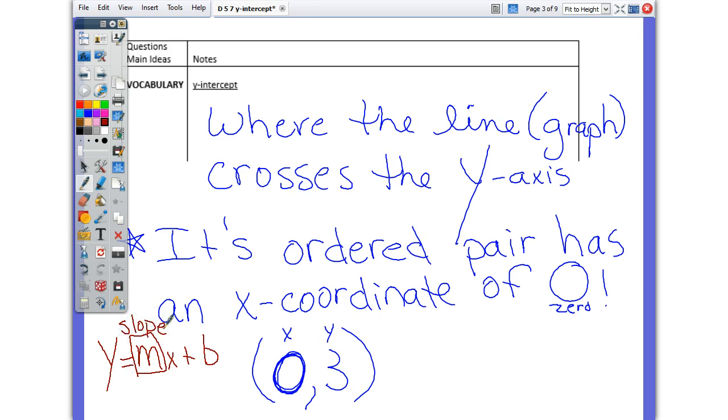This is the slope-intercept form. We're going to be using this all day in the notes to refer to. The m is the slope. The b is your y-intercept. That tells us where it's going to cross on the graph on the y-axis.